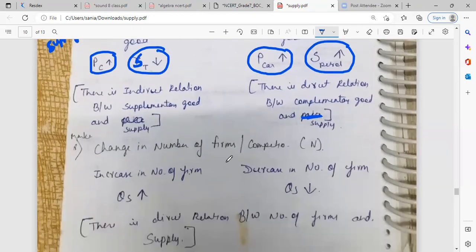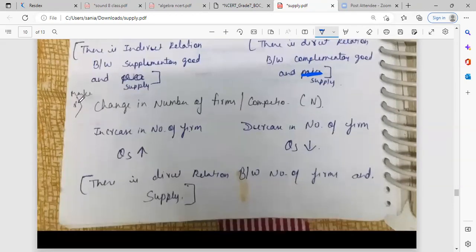Now coming to this, over here, this sixth function, you can say, is basically not for individual supply. It is for market supply. Why? Because we are talking about number of firms and the competition. So number of firms are not one firm, one plus one, so many firms. So change in number of firms.